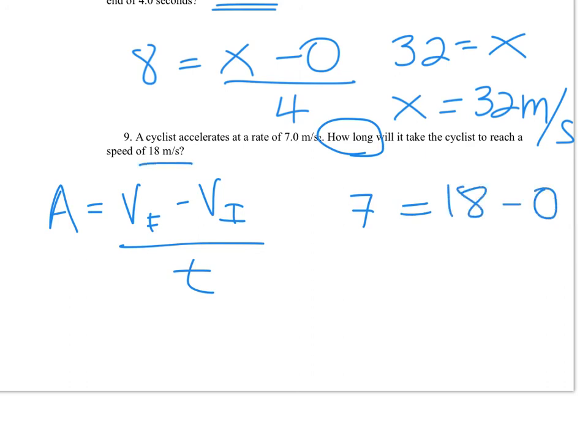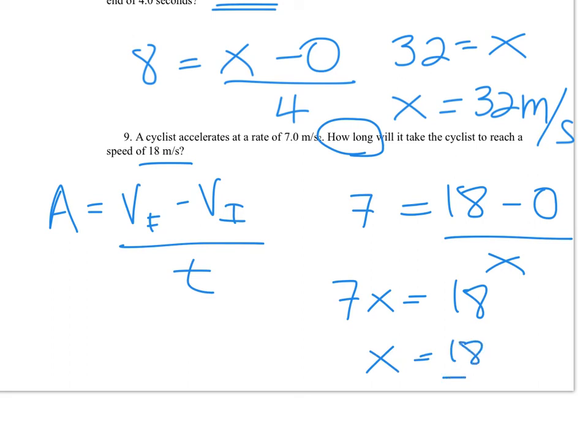Our beginning speed is 0, we can assume that. And x is our time, which we have to solve for. So 7x is equal to 18, and x is equal to 18 over 7, which I'm going to round up to 2.6, and that's seconds. So that's our answer. And that's about it.